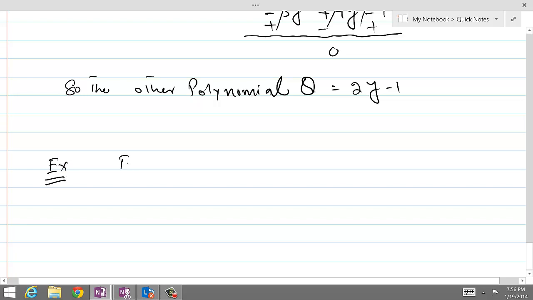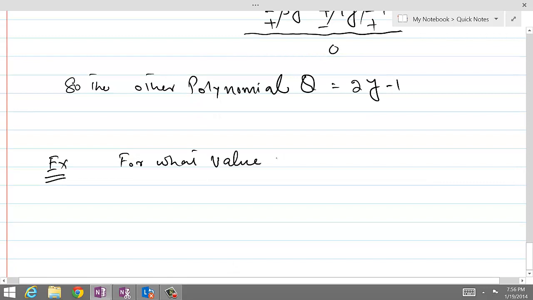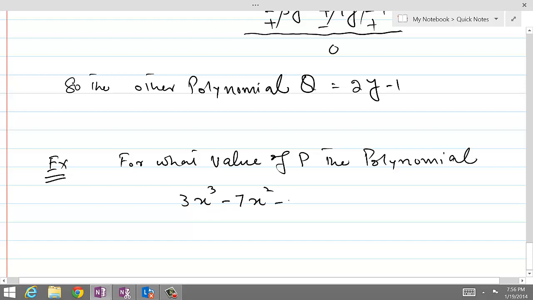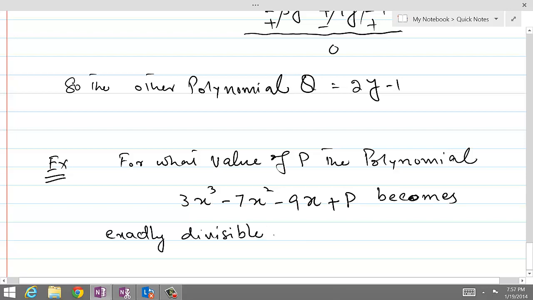For what value of p the polynomial 3x cube minus 7x squared minus 9x plus p becomes exactly divisible by x minus 3. Now I will give you a hint.